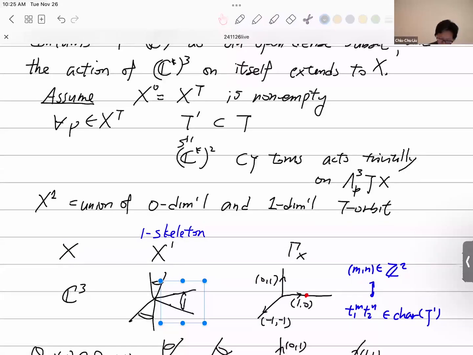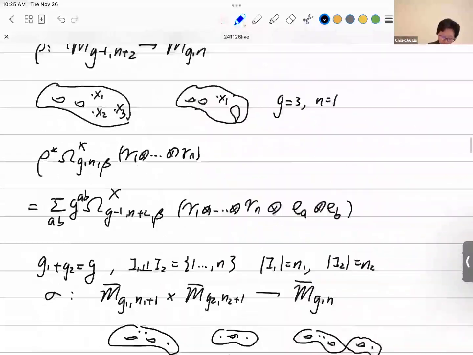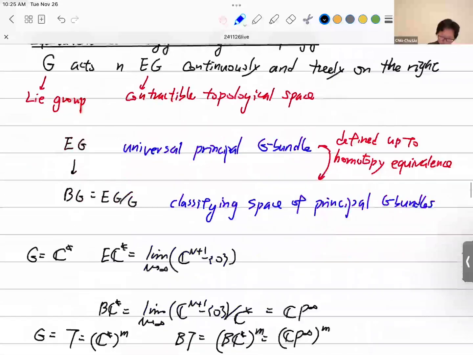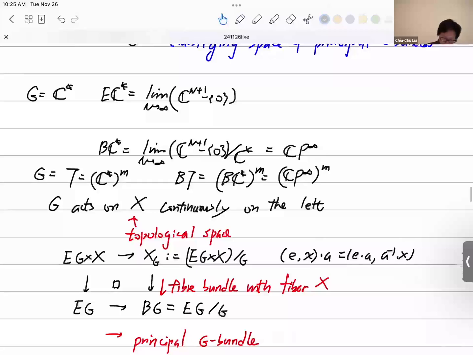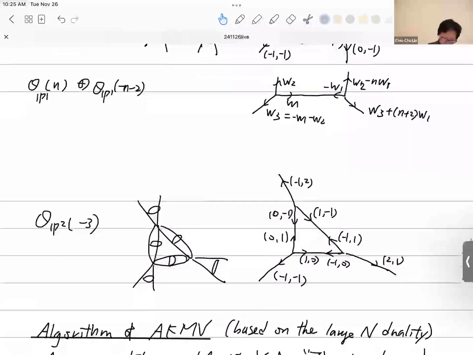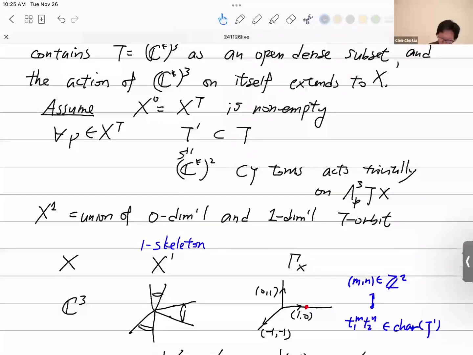So the weights of the three tangent weights at this fixed point are T1, T2, and T1 minus 1, T2 minus 1.